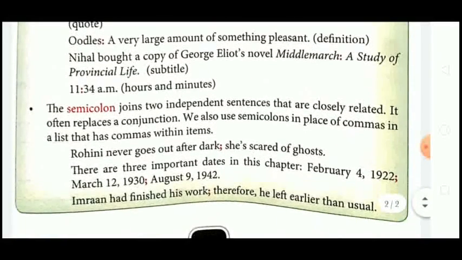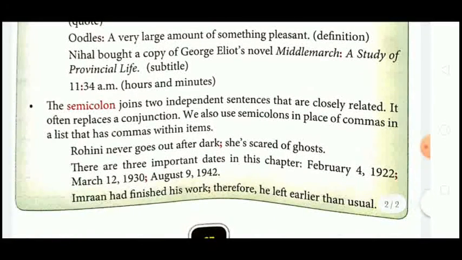Now we are going to see is semicolon. The semicolon joins two independent sentences that are closely related. It often replaces a conjunction. We also use semicolon in place of comma in a list that has commas within items.